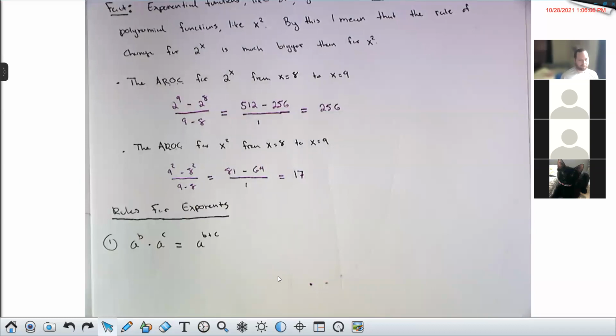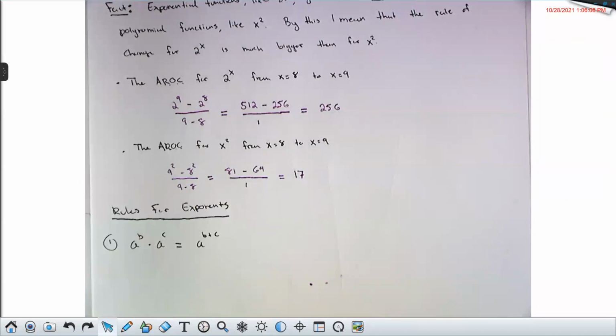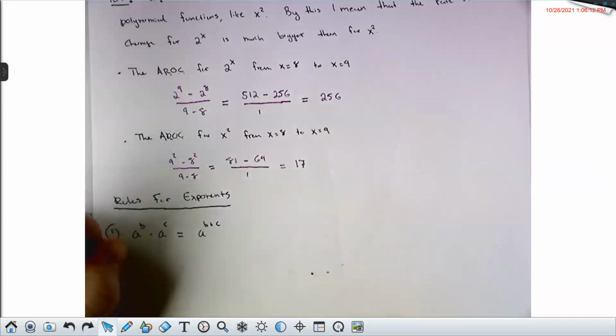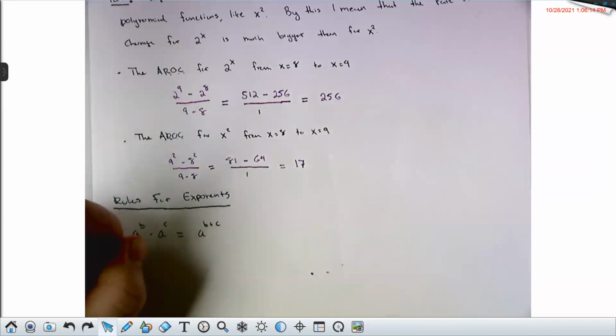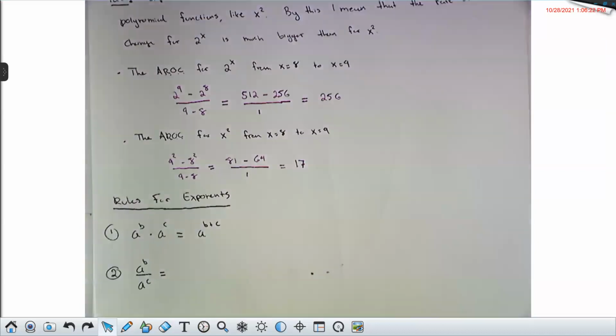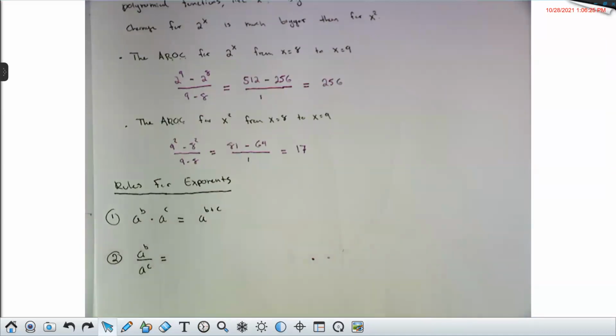There's a similar rule for division. If you're dividing like bases, you have something like a to the b divided by a to the c. You can think of this numerator as a times a times a, b times. So you've got b copies of a all multiplied upstairs. And the denominator is a times a times a, c times.